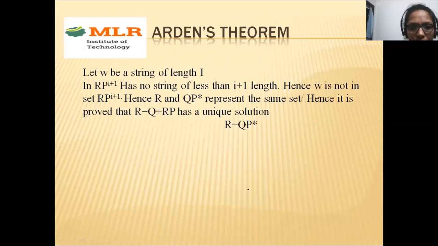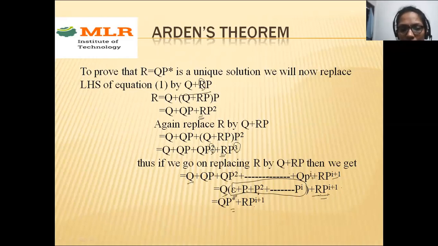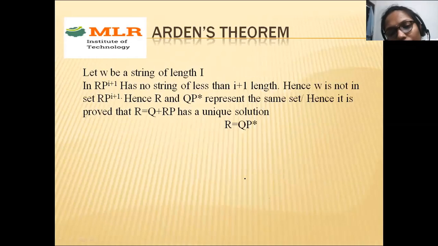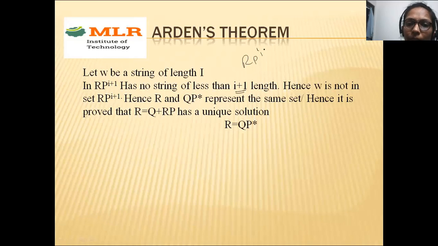Now I'm continuing this. Let W be a string of length I. So if I take the I value as the length, what happens here? RP power I plus 1 has no string of length less than I plus 1. So the minimum is I plus 1, and less than this we don't have. Hence W is not in RP power I plus 1.